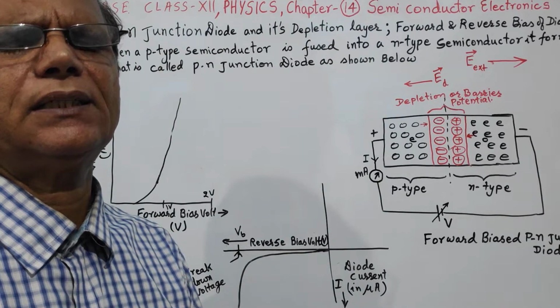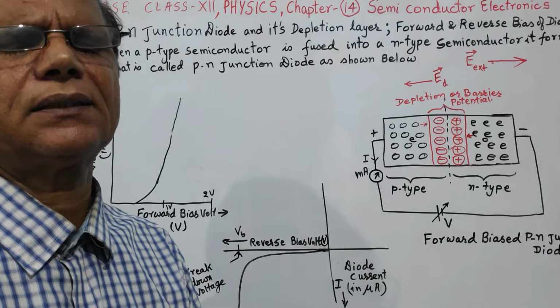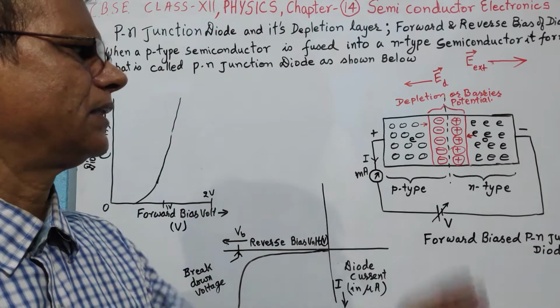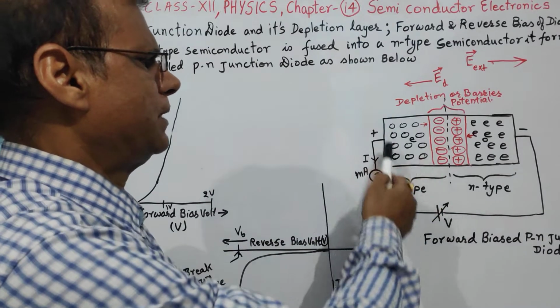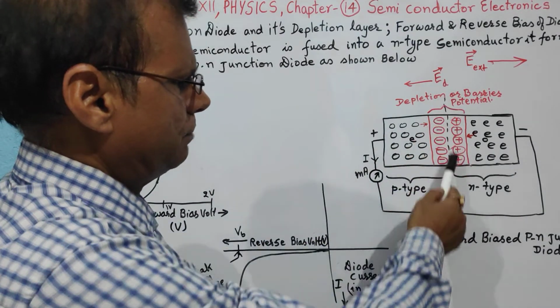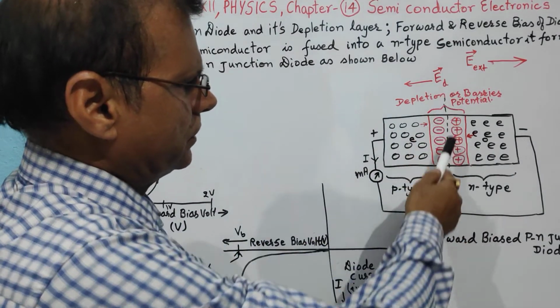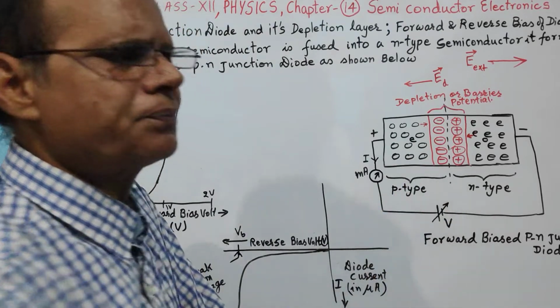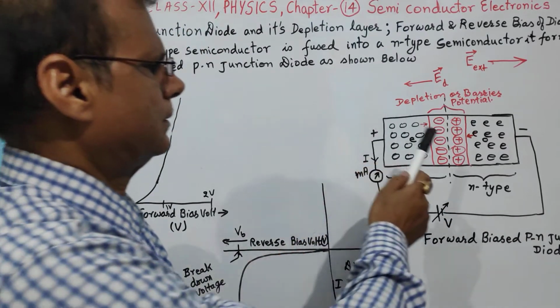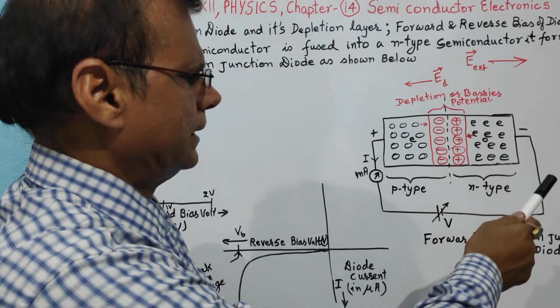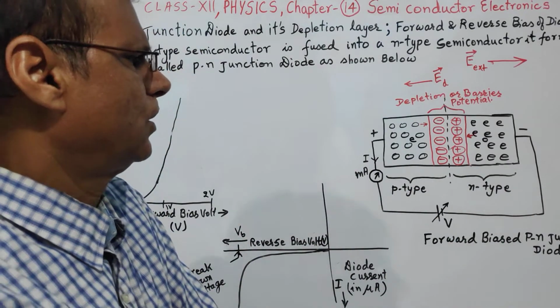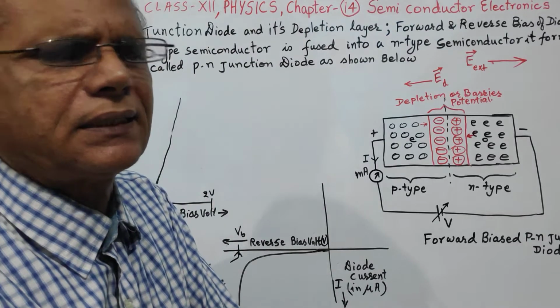How this layer is formed we shall discuss. So let us look at the figure. Here we are having a p-type semiconductor which is separated by a large vertical dotted line, and the left hand side is p-type semiconductor and the right hand side is n-type semiconductor. How does p-type semiconductor form?